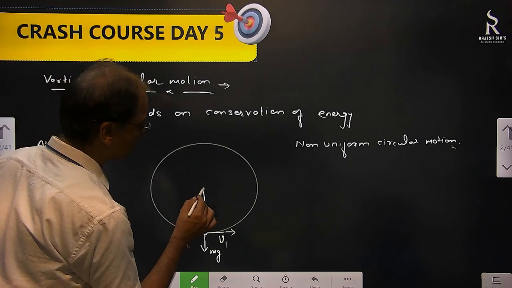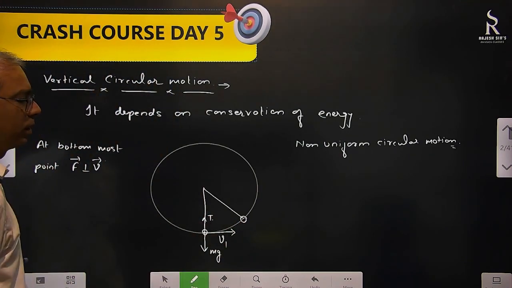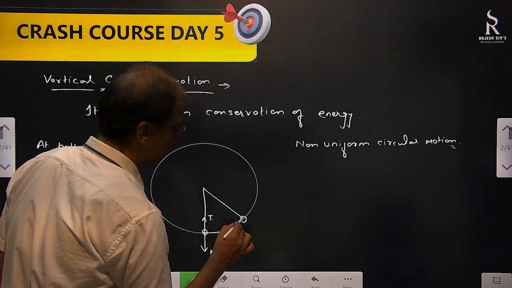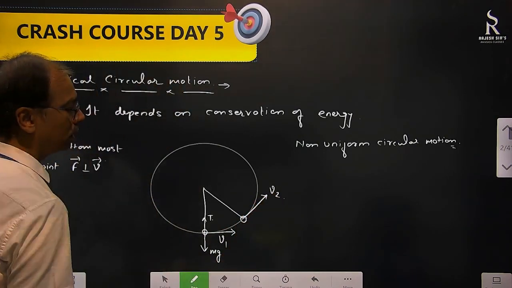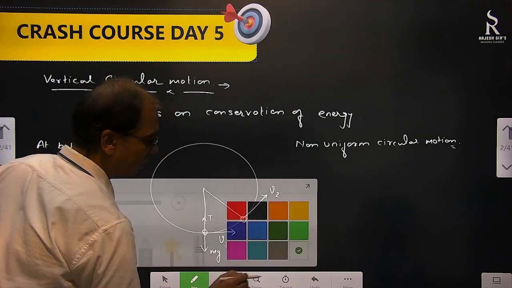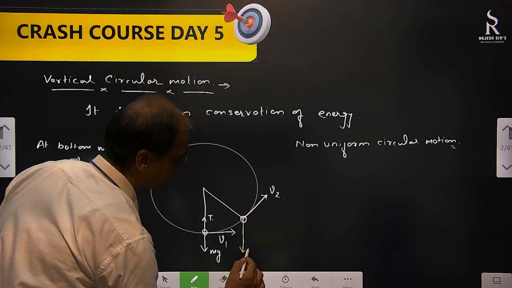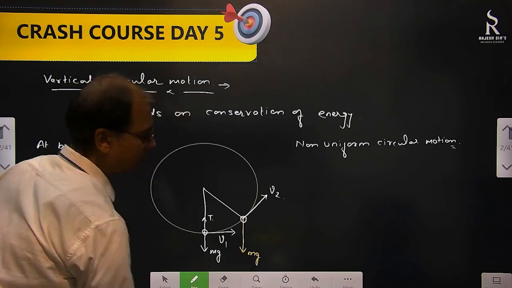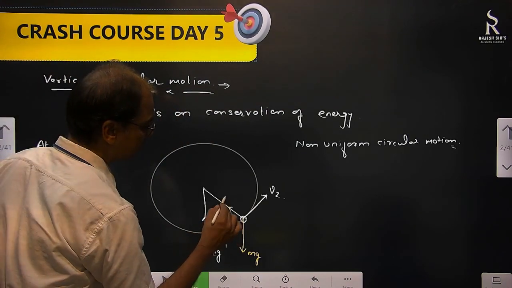Now if suppose this particle goes here, what's happening? Its velocity will be something else, say v2. Now here where is mg? mg is acting like this, and tension will be here.